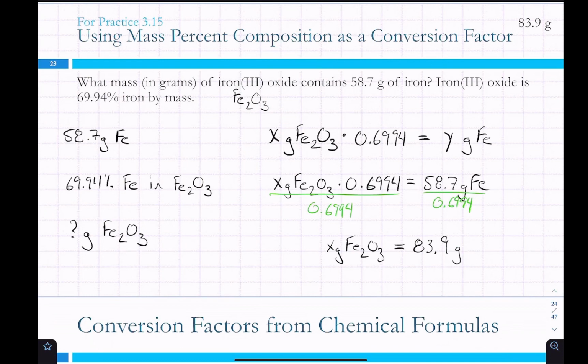There's actually another way to do this problem. Conversion factor.